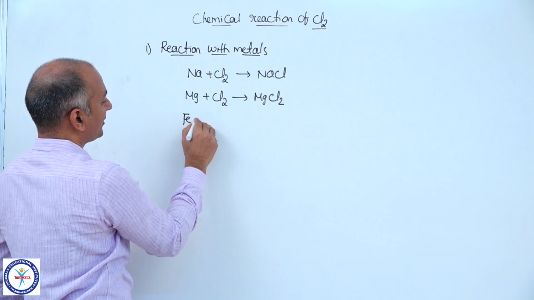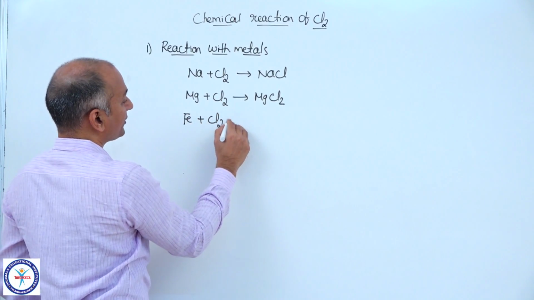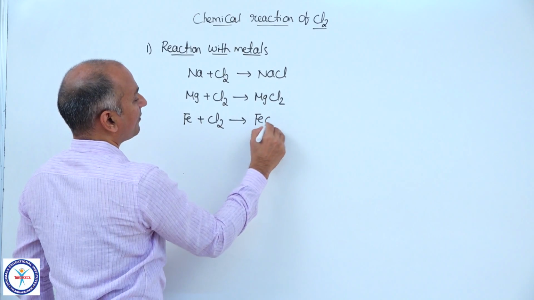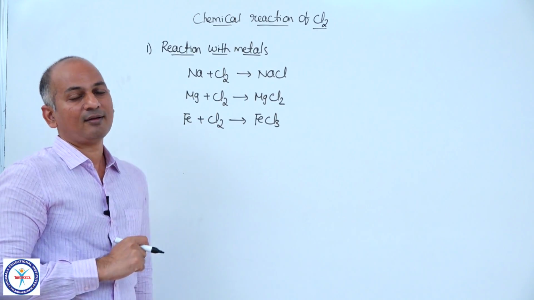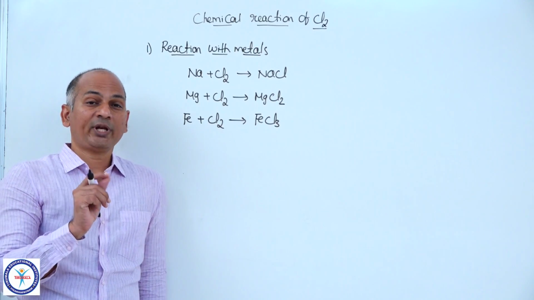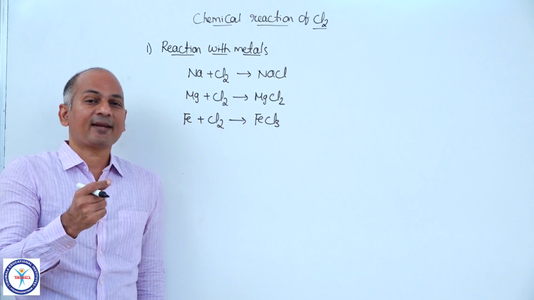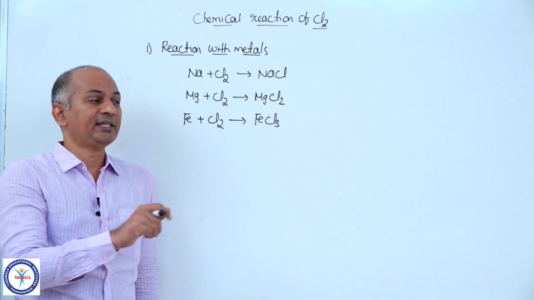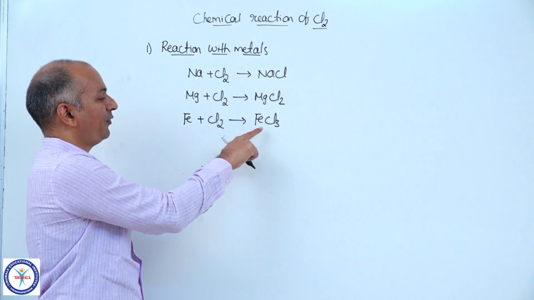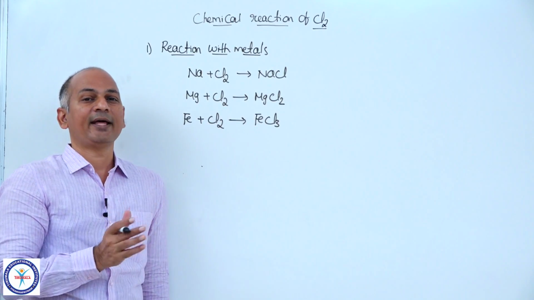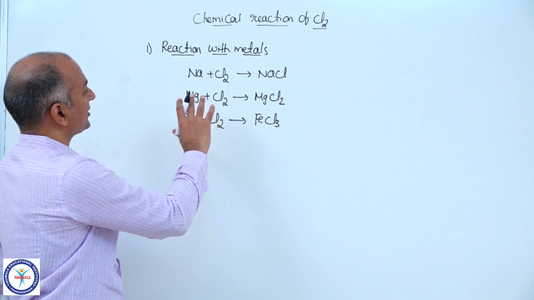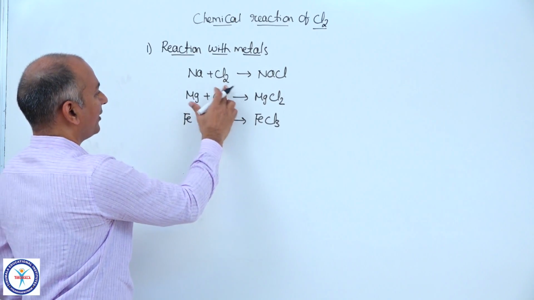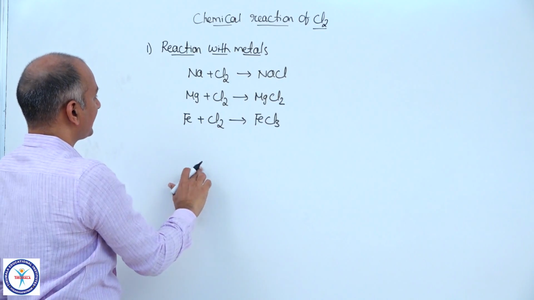Iron reacts with chlorine and it gives ferric chloride, not ferrous chloride. We already discussed it, because chlorine can easily oxidize ferrous to ferric. So in this reaction, there is no way you can get ferrous. Directly you will get ferric. Now these are some important reactions in which chlorine reacts with metals.